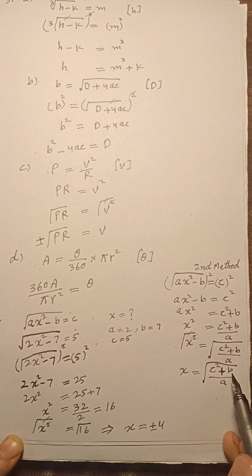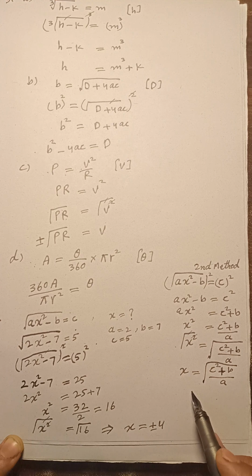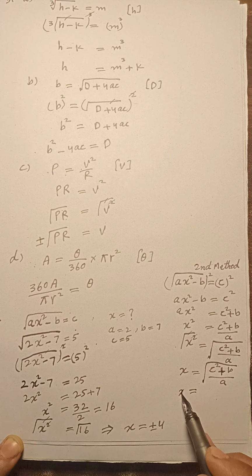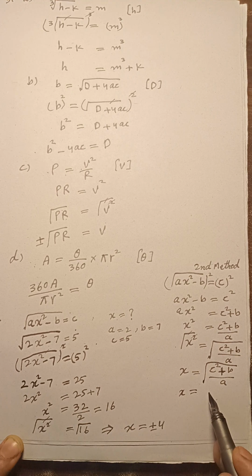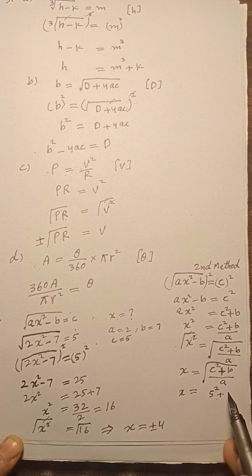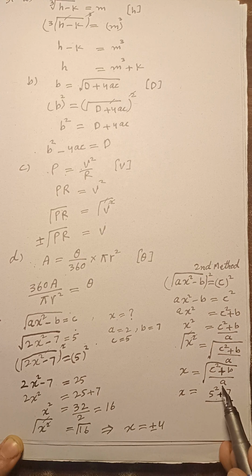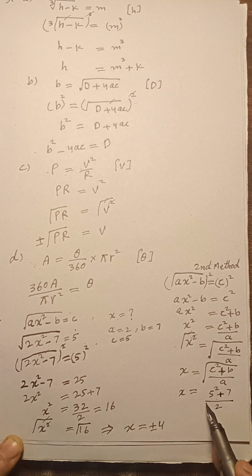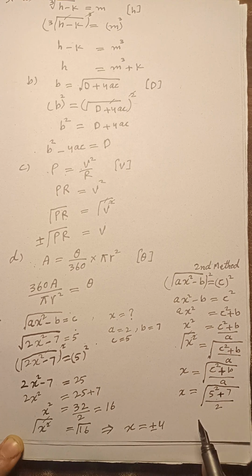Now you can put the values of a, b and c from this, and you can find the answer of x by putting the value of c is equal to 5 and its square, so 5 square will become 25, or you can write 5 square first, then the value of b is 7 here, over the value of a is 2 here, under root.